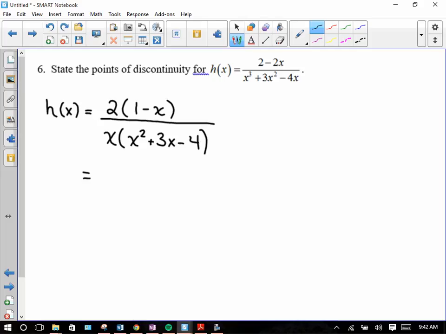So I bring a negative sign out: negative 2 times x minus 1. Here I've already factored x out, and then x squared plus 3x minus 4 is going to factor into x plus 4 times x minus 1. I should have x minus 1 on top.